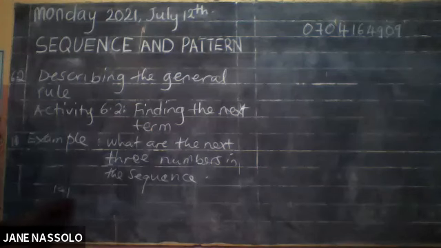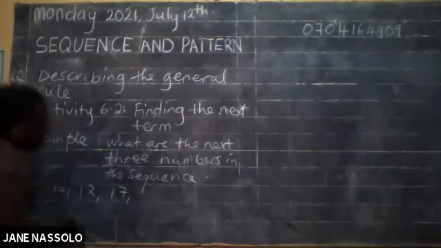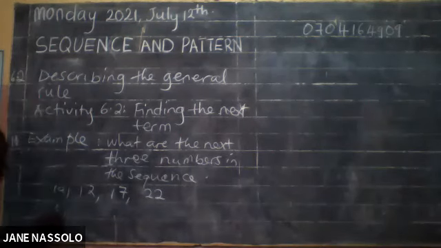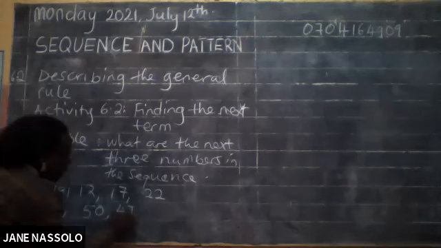Part A, we have 12, 17, and 22. Part B, 50, 47, 44, 41, 38.